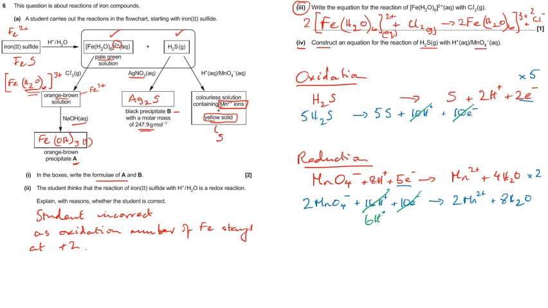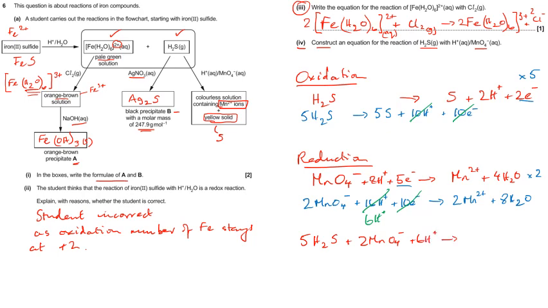So let's see what it looks like when we write it all out. We're going to have our 5 hydrogen sulfides, and 2 manganate ions. We've still got 6 hydrogen ions left over.